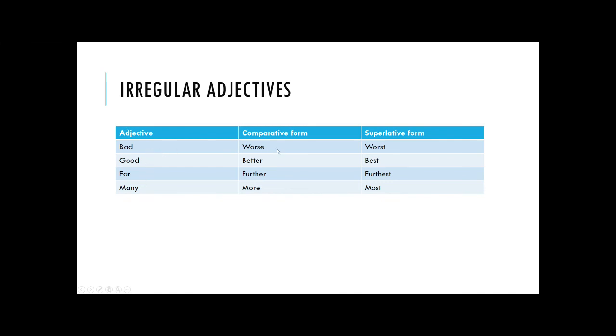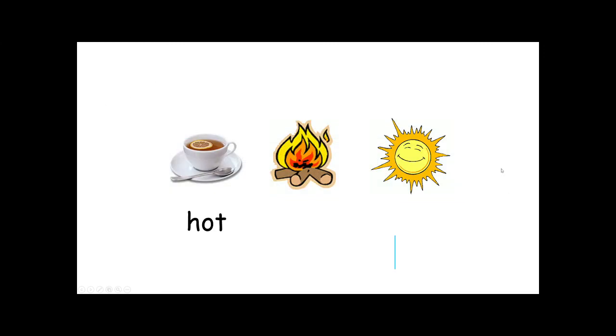Bad, for comparative is worse, for superlative, worst. Adjective good, comparative form better, superlative form best. The adjective far, comparative farther, superlative farthest. The adjective many, comparative more, superlative most. Okay? Check here some examples.